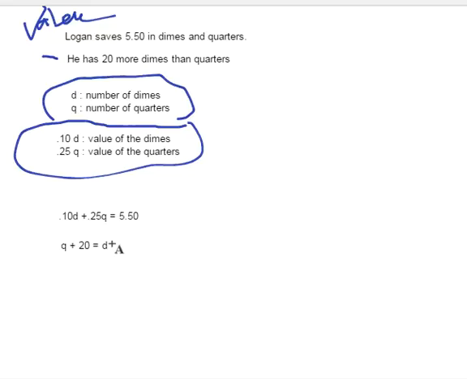And we're going to solve by substituting. We're going to substitute Q plus 20 in for D. So we're going to basically take our second equation and plug it into our first equation where that D is. So now we have 0.10, but instead of writing D, I'm going to write the quantity Q plus 20.